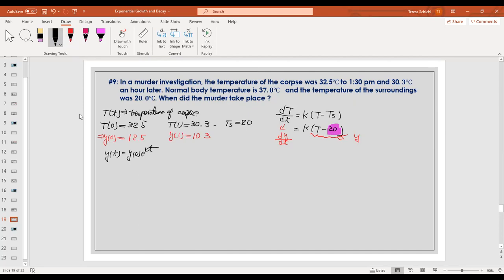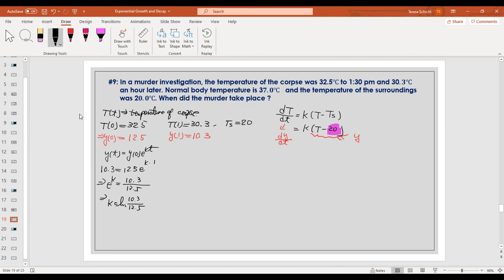Okay, so we say after 1 hour, right? So this is 10.3. So after 1 hour, that means 10.3 is equal to 12.5, the initial, times e^k. What is my t? t is 1 hour. So I get e^k is equal to 10.3 over 12.5. So what is my k here? My k is the natural log of 10.3 over 12.5.